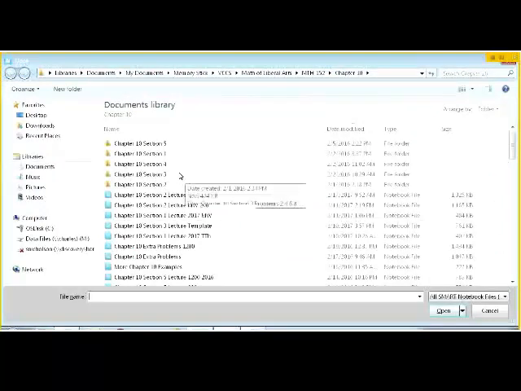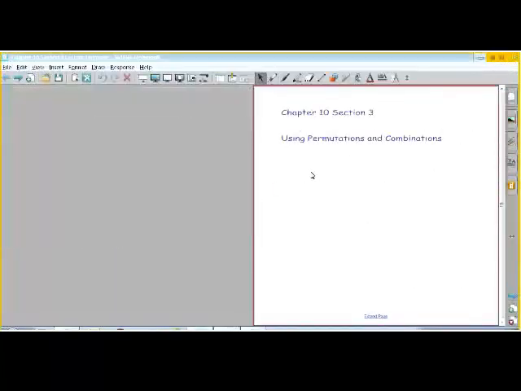Okay, so we're going to move on to the next section. Section 3. So section 3 has the title, Using Permutations and Combinations. So you can solve these problems that we're going to look at just using the fundamental counting principle.